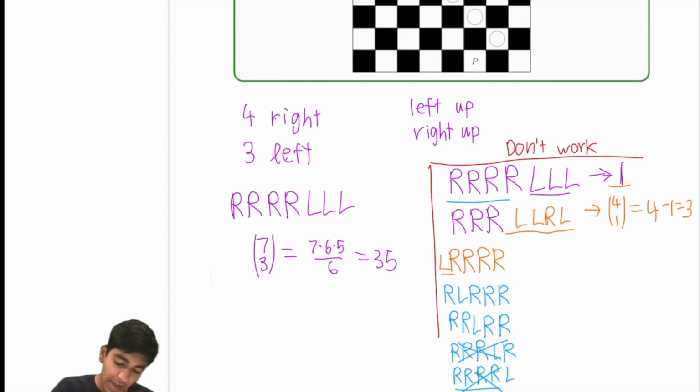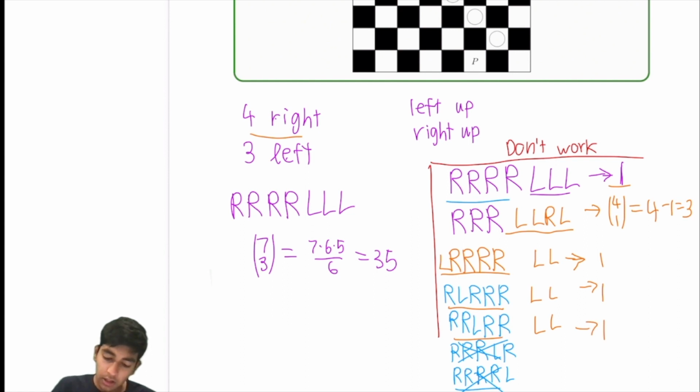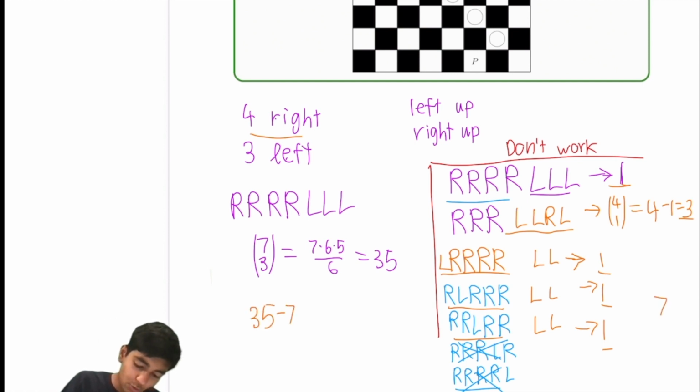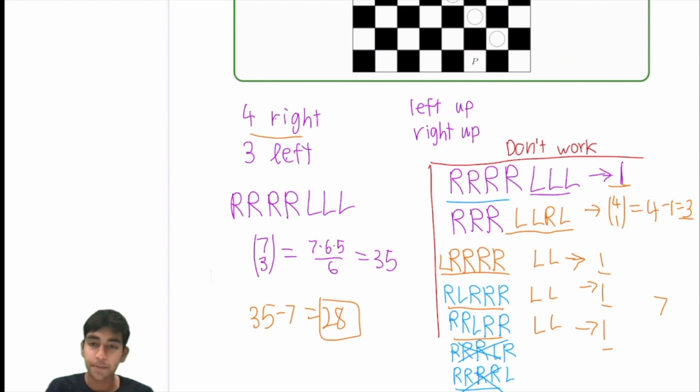So no matter which 5 start in the beginning, 4 R's, 1 L, because we only have 4 R's total and 3 L's total, we must have 2 more L's at the end of each of these. And there's really no ways to permute that, so just 1, 1, 1. So in total, 1 plus 3 plus 1 plus 1 plus 1, that's 7 ways fail. So the answer, 35 minus 7, 28, and we're done.